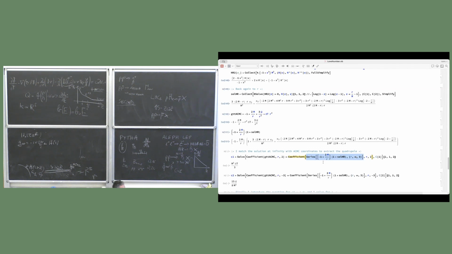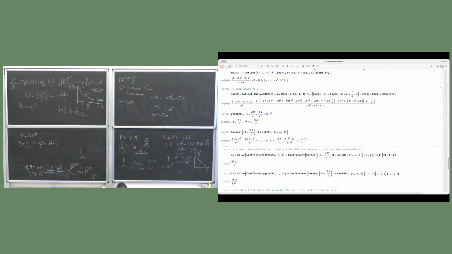Okay? And then if I do this, you see that you have the solution now for the GTT expanded for large r that contains different terms. But I'm only interested in two terms: the one that goes like r squared, and the other one that goes as 1 over r cubed, because those are the terms that I want to match with the GTT written in the ACMC coordinate frame.